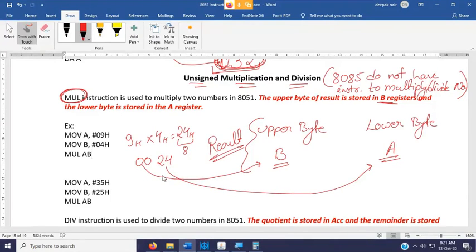If this multiplication had generated a larger number occupying almost 16 bits, then we would get a number other than 00 here.